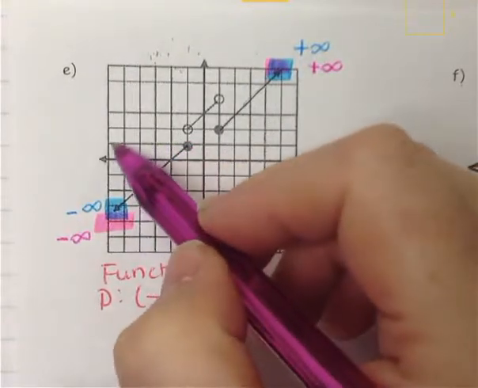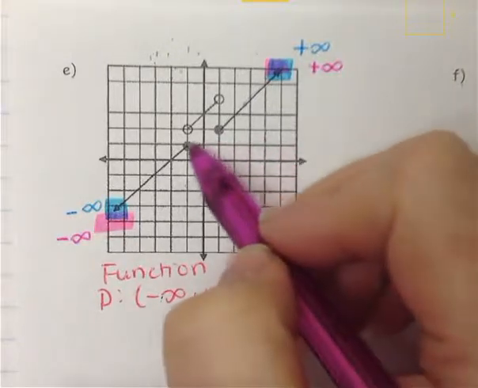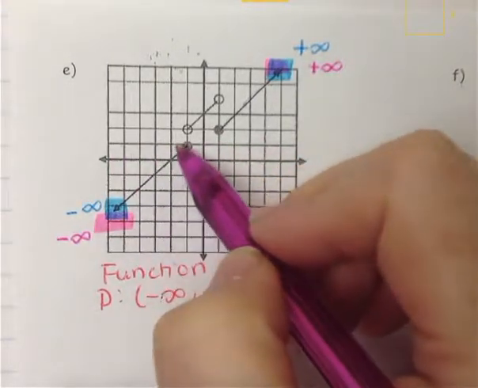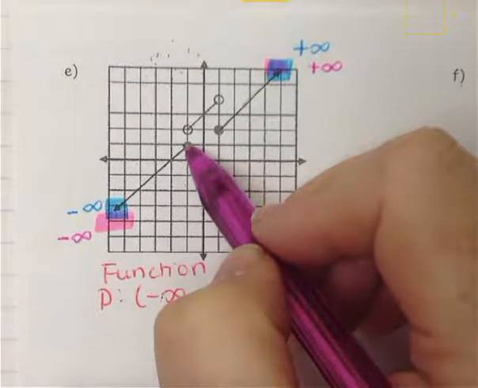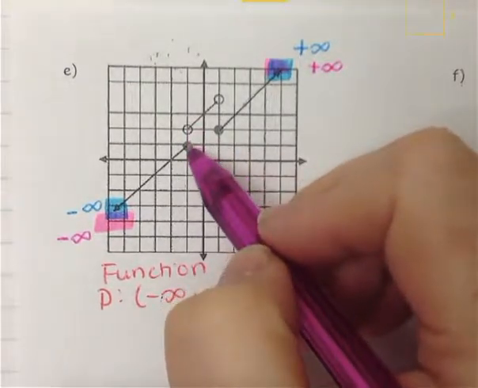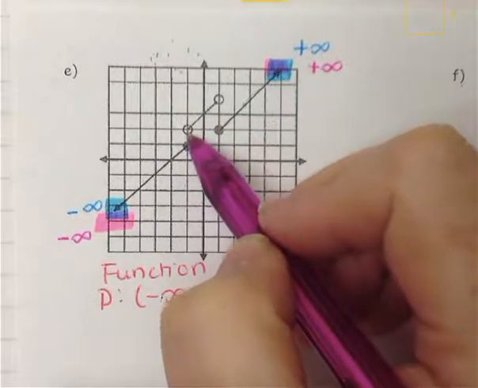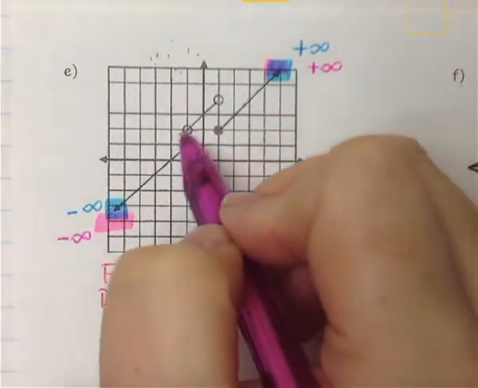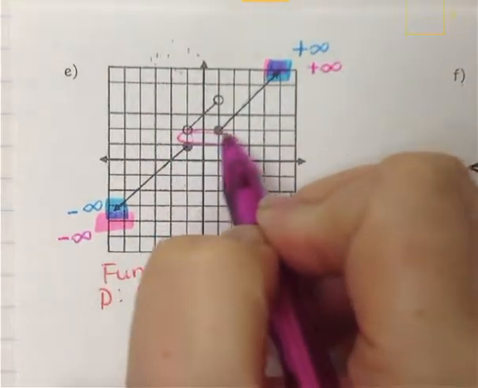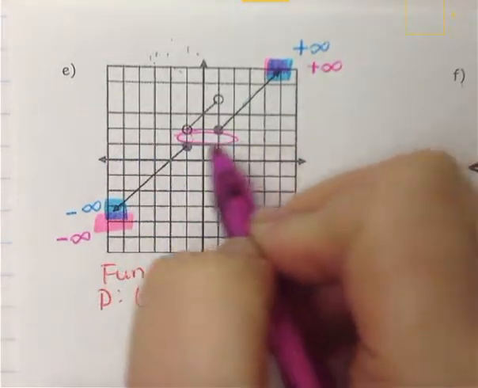If I jump, nowhere on here is there a left or right that I could jump to. That means I would have to jump up, and I can't do that without breaking it. So this will actually break. My range breaks because I have nothing to jump to over here.